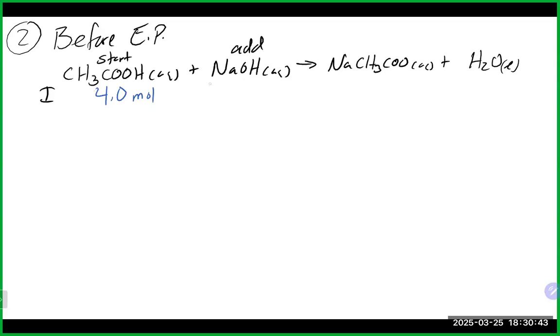Should be less than. So again, I'm going to go with my 2 moles as a made-up number. In this case, what has happened is our sodium hydroxide is our limiting reagent. Our excess reagent is our acetic acid. We have plenty of moles of acetic acid. The change here is going to be the smaller number, which is our 2 moles in this case.